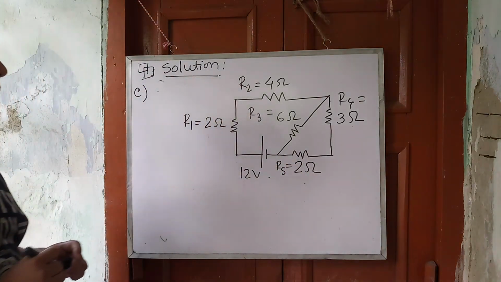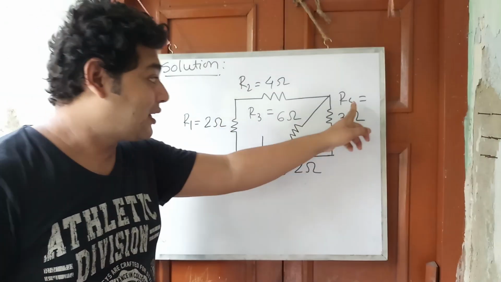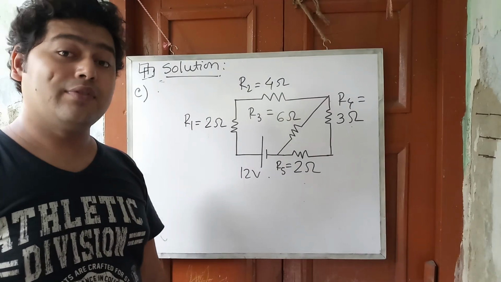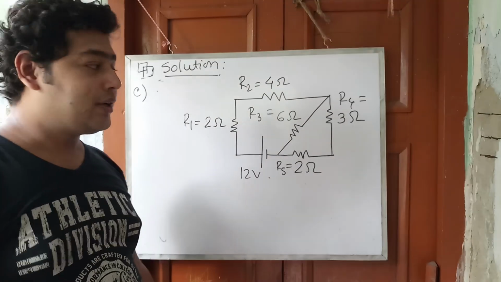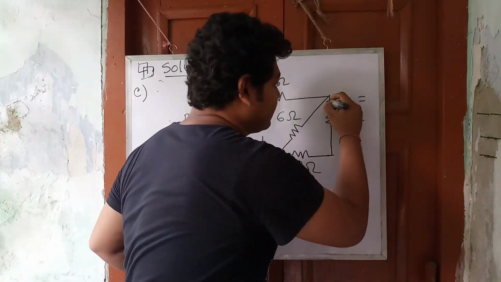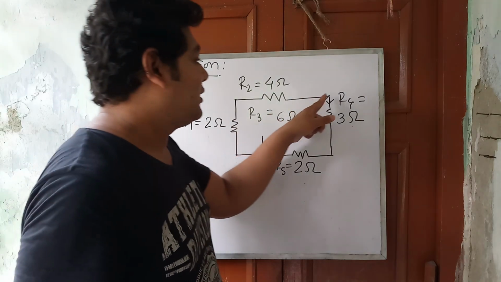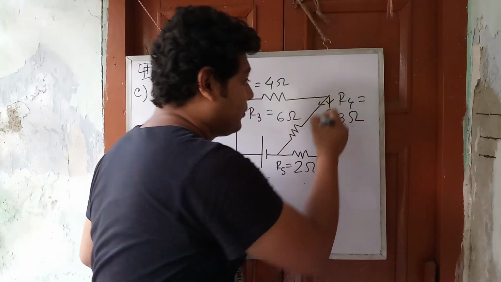Then we can see that the resistances R4 and R5 are in a series circuit. Why? Because at this point the current divides into two parts.